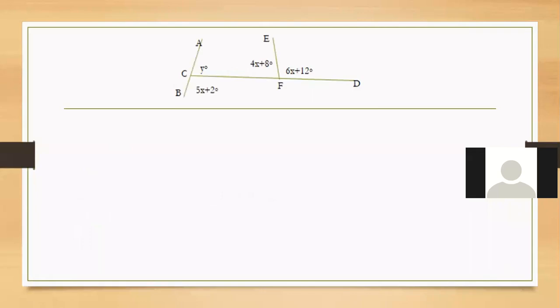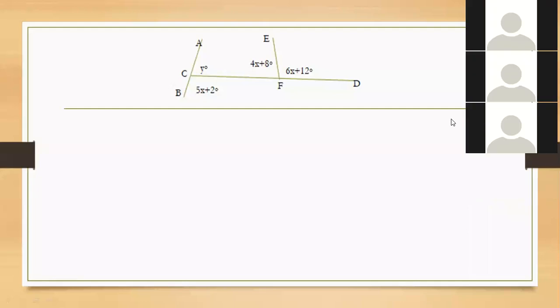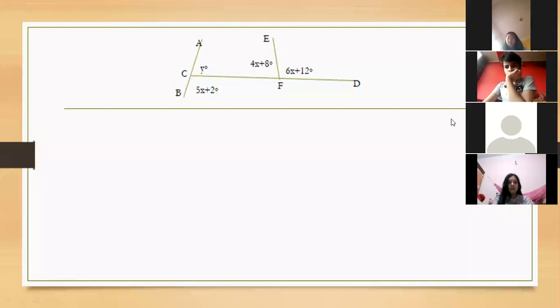It is like this question, this is the question. You can note down. Can any student tell how to start solving this one? From where will you start to solve it? 4x plus 8 degrees, and 6x plus 12 degrees.